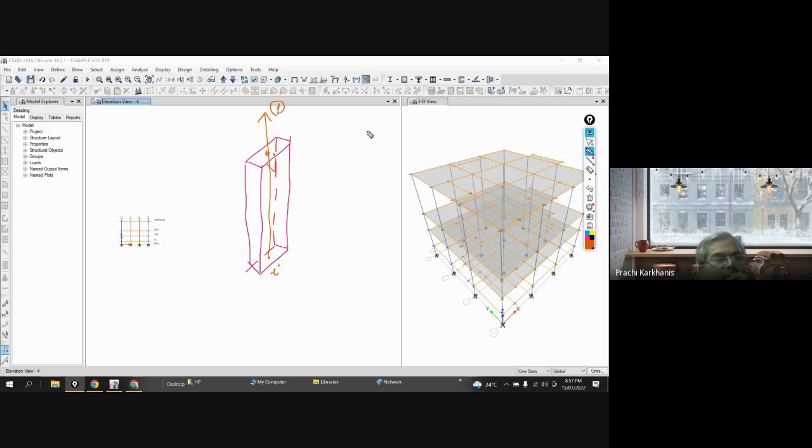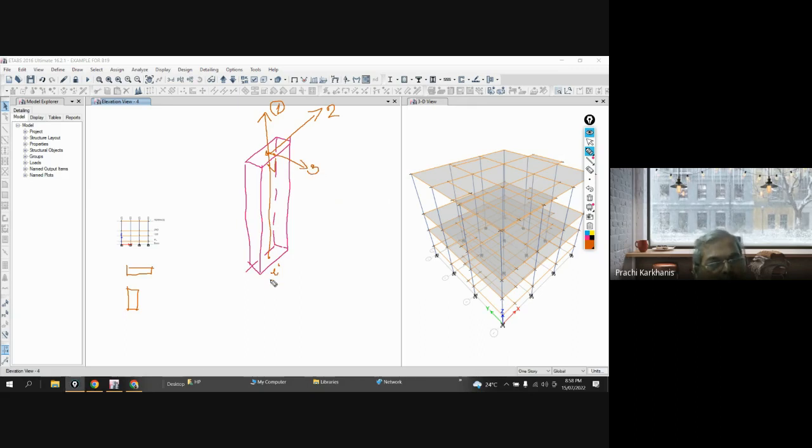And whether you are having a column rotation like this or like this, you will have a two axis in this direction and three axis in this direction.